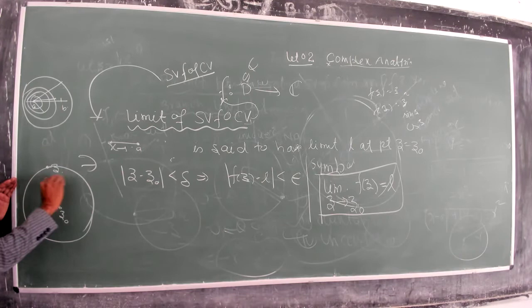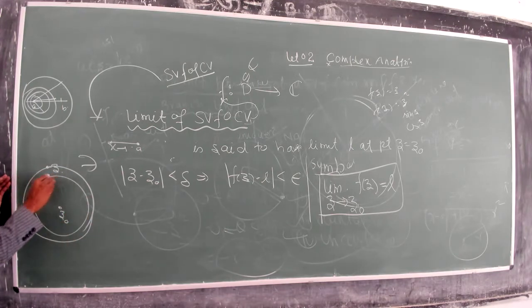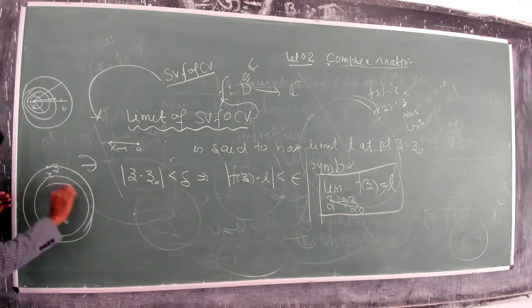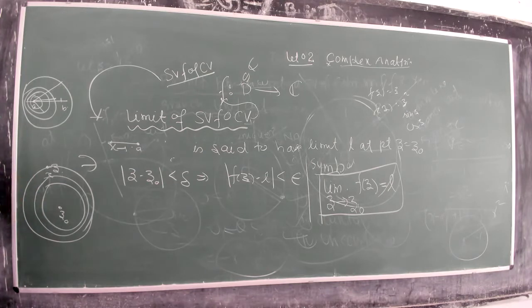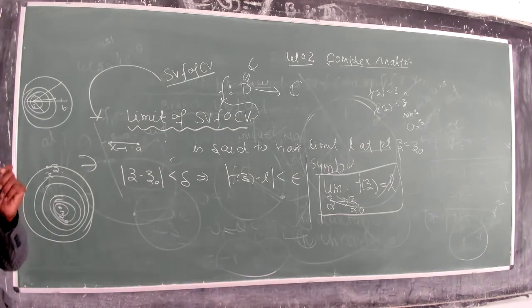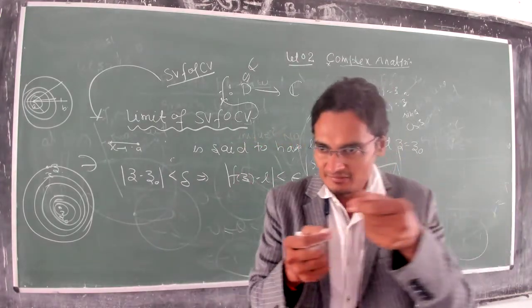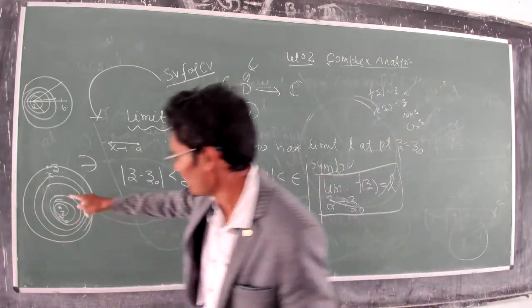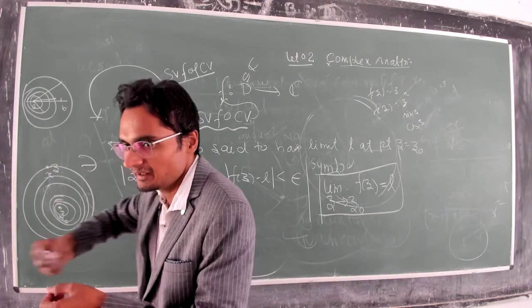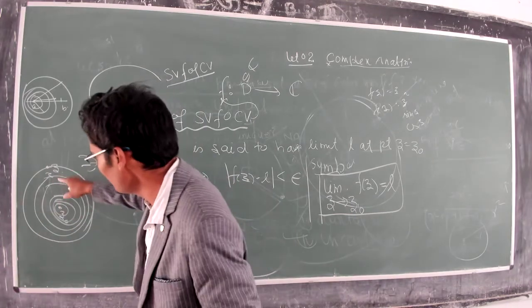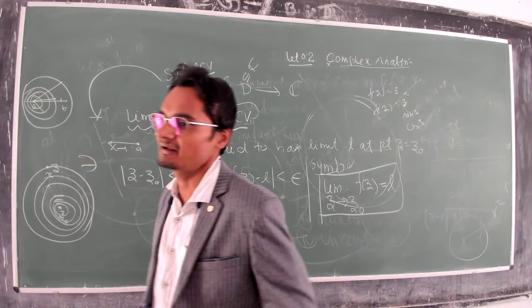Now you again reduce the radius, then z will be here. Again reduce the radius. Keep on reducing the radius, and the moment z will be here, meaning z tending to z naught, you are reducing the radius. Put the radius 0, and the moment it is 0, z will be at z naught.